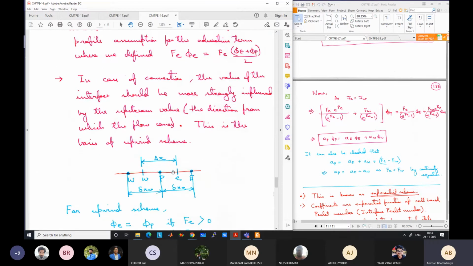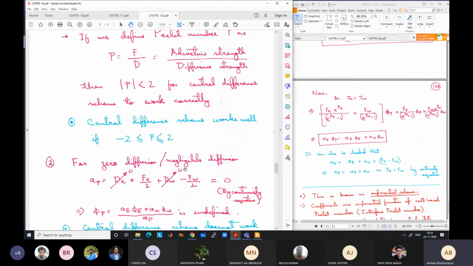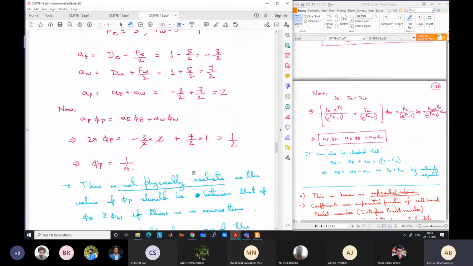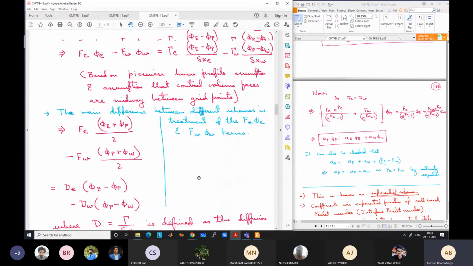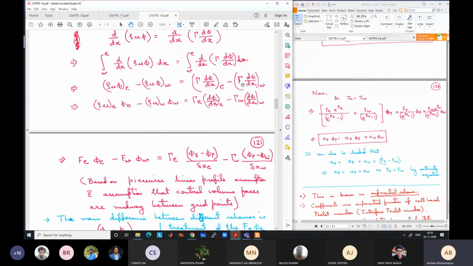So ultimately, what we have seen in the central difference scheme is that once you discretize this convection diffusion equation, you get the diffusion terms like this and the convective terms like this. The issue was that we were unable to find what the phi e value and phi w value should be based on the Fe and Fw values.